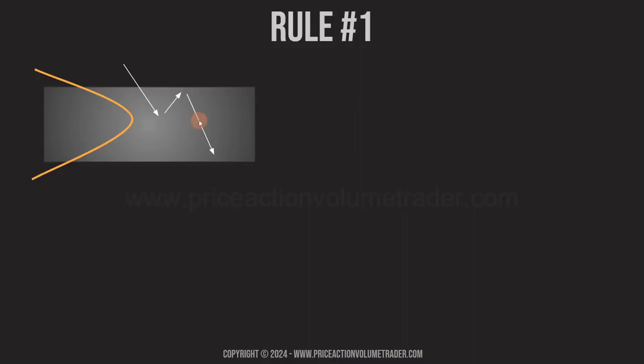So let's look at a diagram here, and basically this is what we mean. We have a high volume node or a balance area right here, and you can see this gray represents the valley area for this profile here.